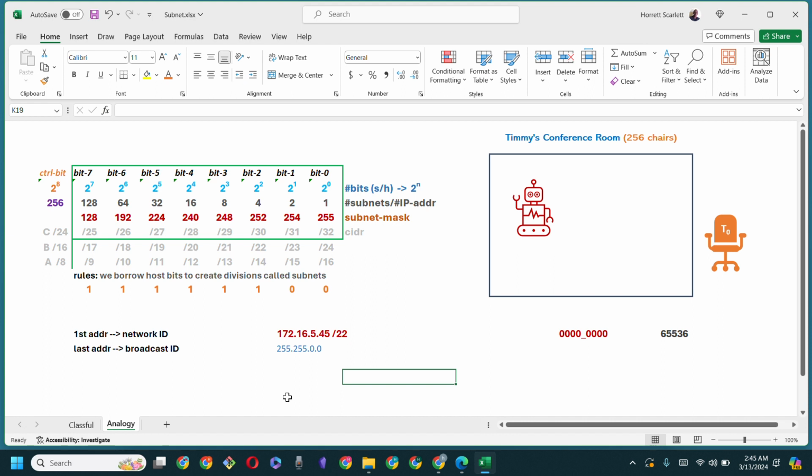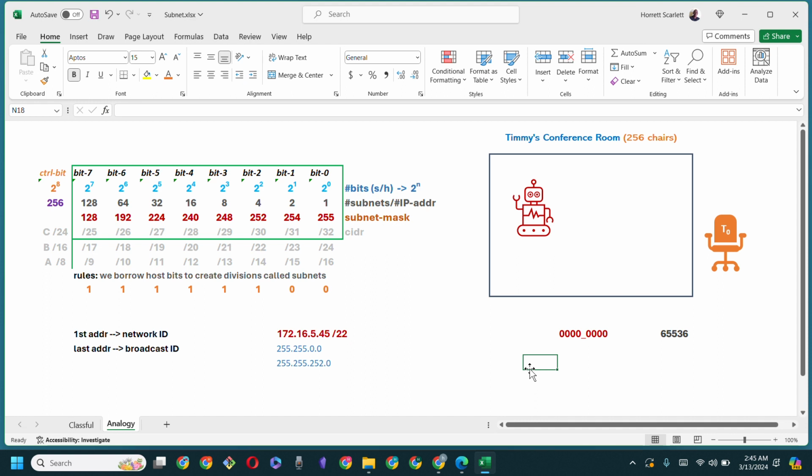So there we go, we have turned on all of those bits. If we now look at the subnet mask associated with this, it's going to be 252. So the new subnet mask is 255.255.252.0.